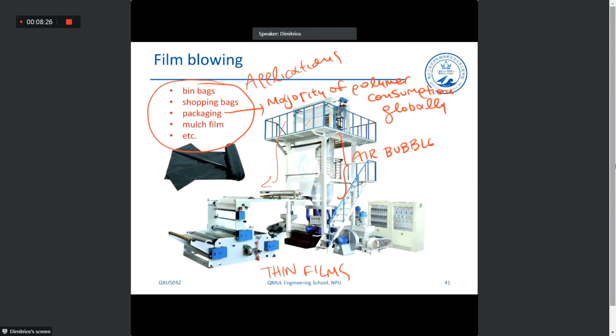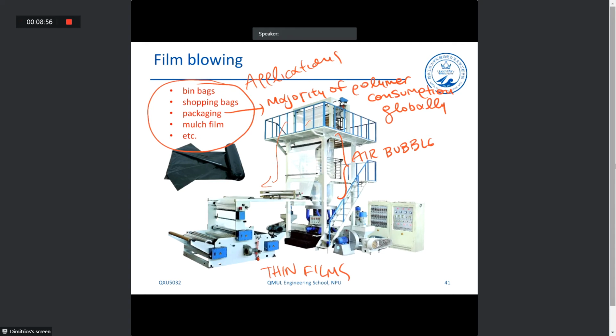It may sound very trivial or not too important, all these types of materials, but as we said, the majority of polymers that are consumed globally correspond to these very simple applications. Bin bags, supermarket bags, packaging materials, such as when you buy something to eat from a supermarket, it needs polymer to get packaged. So we need thin polymer layers in order to package it.